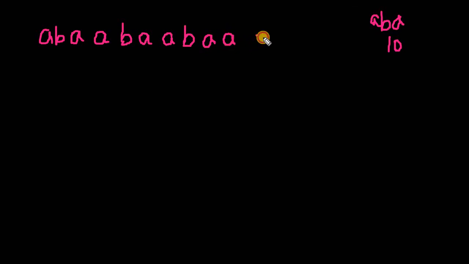We can have an array of size 10, and we'll simply write ABA repeatedly as long as we don't get the length of that particular string as 10. After ABA, this is 9, and again the string will start with A. So this is the final string.